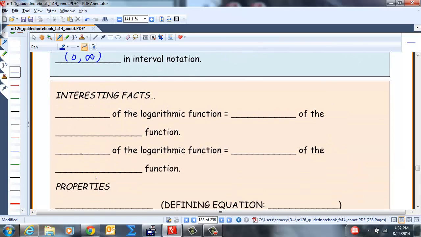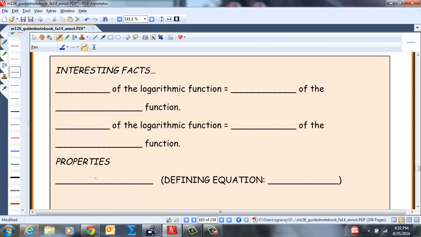Interesting facts. Okay, so the domain of the logarithmic function is the range of the corresponding exponential function.